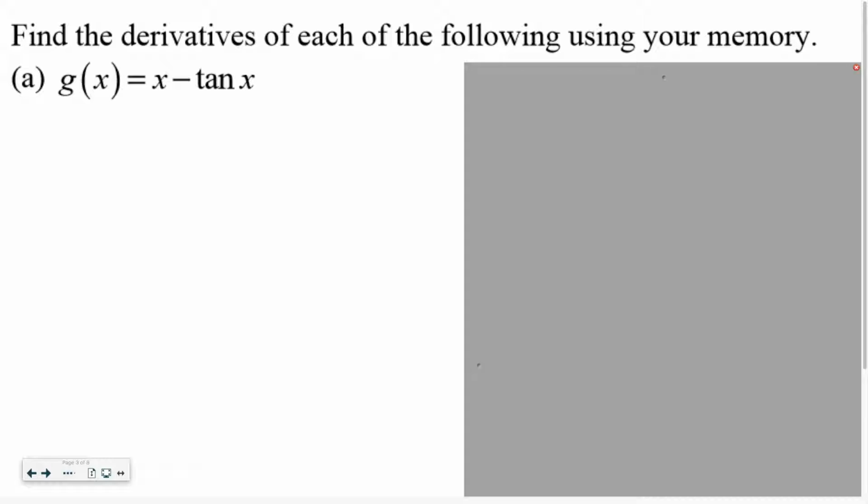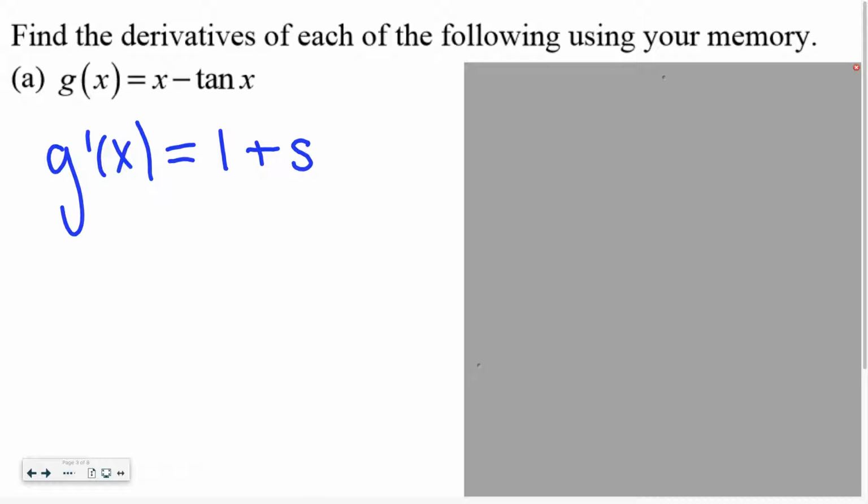All right. So our derivative. Trenton, what's the derivative of x? 1. All right. Pierce, what's the derivative of minus tangent of x? Minus secant squared.